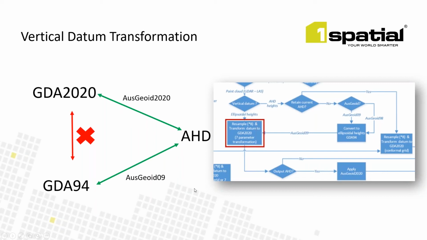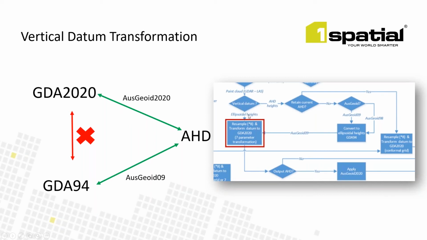As an example, this is a screenshot received through our support channel requesting support to convert height from GDA94 to GDA2020. Still working on this one. In this case, the user is trying to convert AHD height.